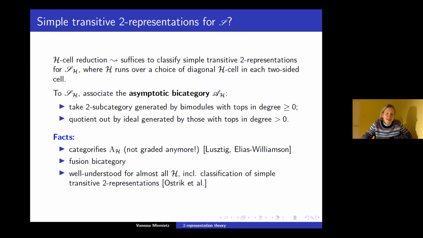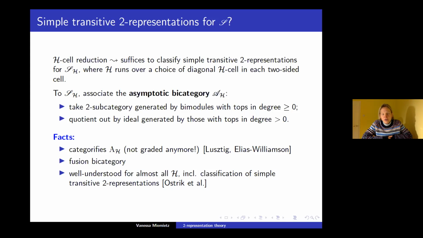But it has the great advantage of being a fusion bicategory. So this is semisimple, and it's really well understood for almost all H-cells. In particular, it's understood for Weyl groups of Weyl type, and there are only a few H-cells in Coxeter types H3 and H4 where this is not understood.